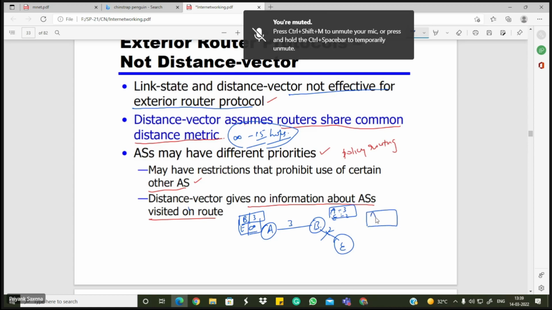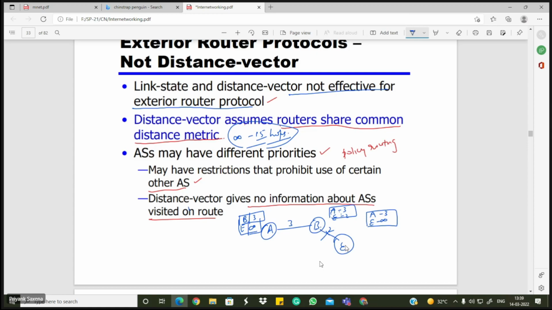So the updated table will be A with 3 and E infinity, because B cannot reach it, and it sends this update to A. This doesn't reach A. So A is under the impression that it can reach E via B, but it is not so, because the link between B and E is not working.